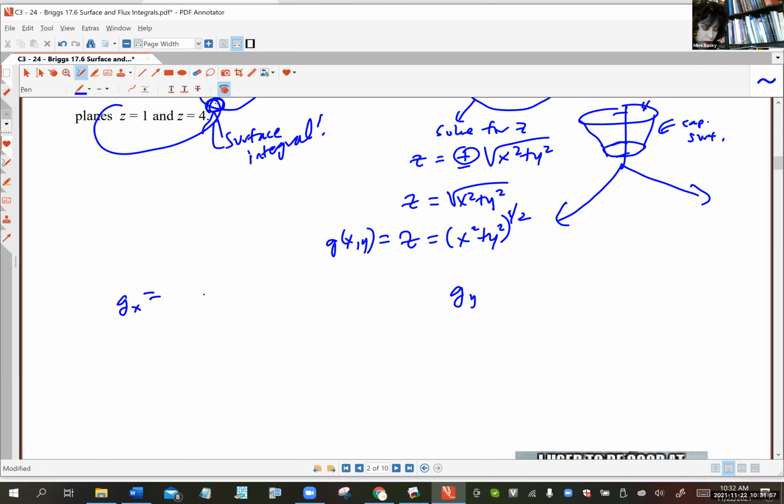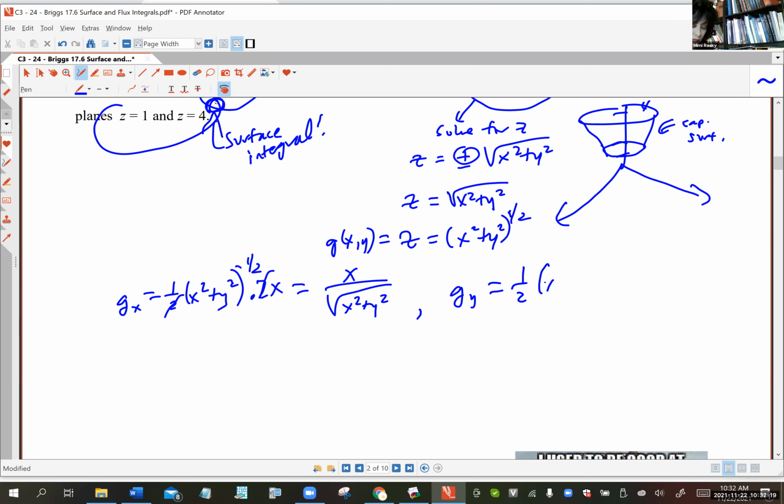So we're going to use the chain rule, you know. So how do we do that? You're going to get a half times x squared plus y squared to the negative a half times 2x, and then rewrite this, simplifying, the 2's cancel, and I'm going to put the radical back in. You can do a similar thing when you're getting the other partial.